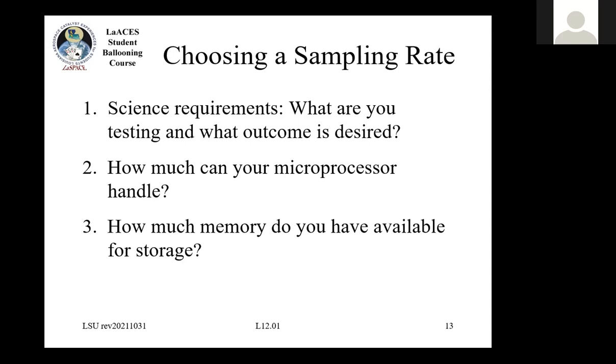What do you actually want to measure? You want to also compare that to what your processor is able to handle. And in general, you should pick a microprocessor or a sampler, sensor, or an ADC based upon what your actual requirement is.